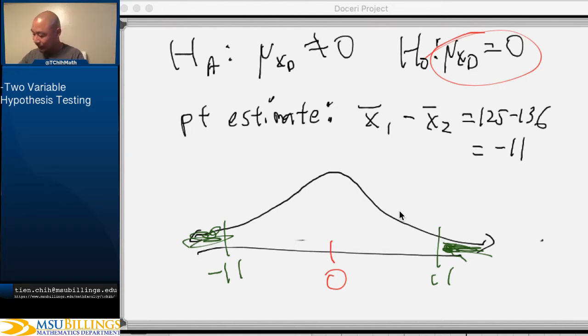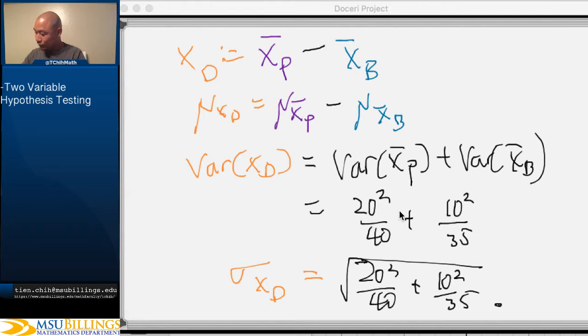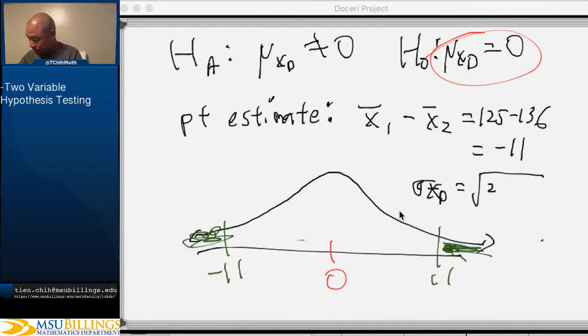And so we've got to remind ourselves what the standard deviation of this particular curve is. Remember, the standard deviation of x_d is, in this case, the square root of 20 squared over 40 plus 10 squared over 35. All right, so let's get to work.